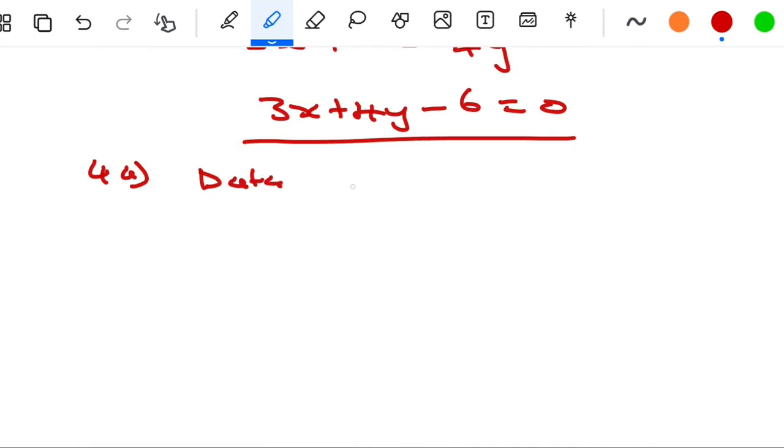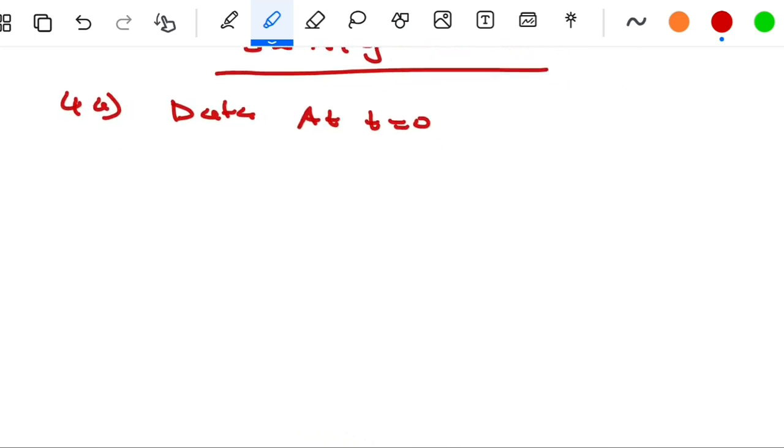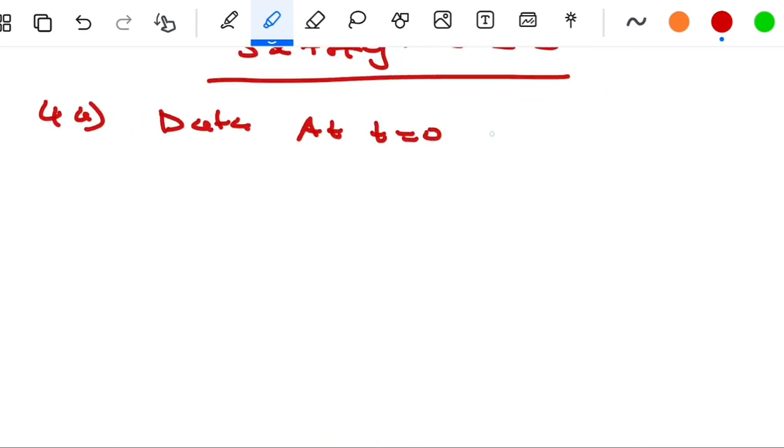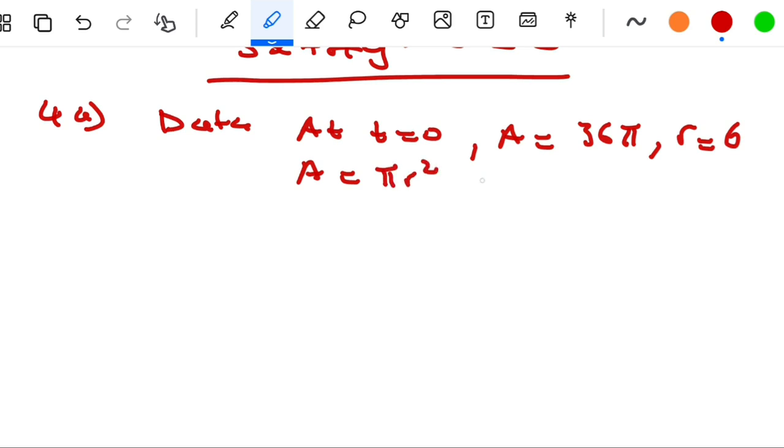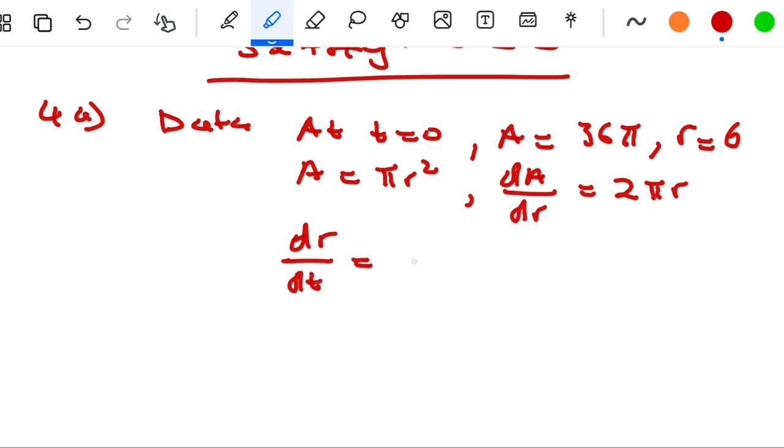Data that I have: at t equals 0, we have A equals 36 pi, which makes r equals 6, and the formula for area is A equals pi r squared. I can also find dA over dr, which is 2 pi r. I'm also given that dr over dt equals 1.1, which is constant, centimeters per second.